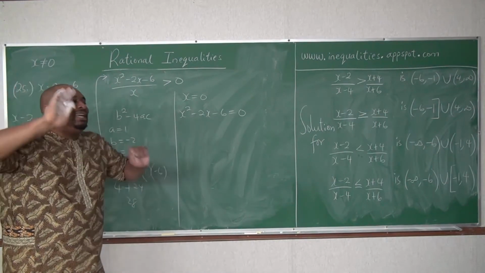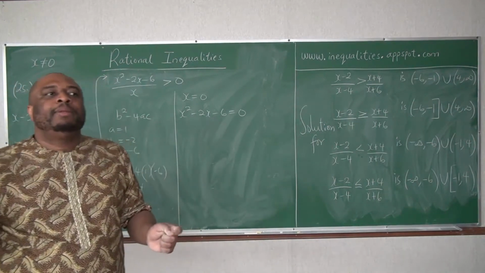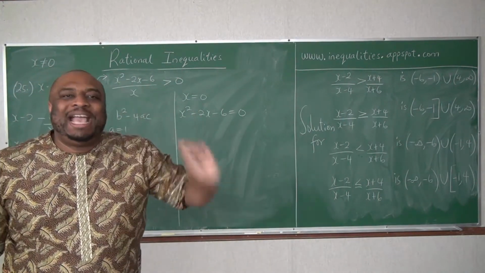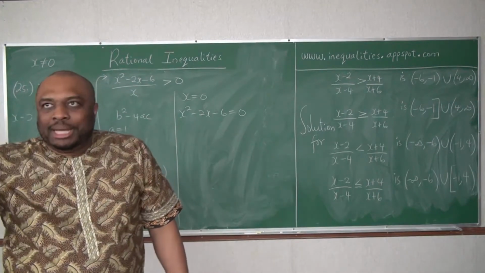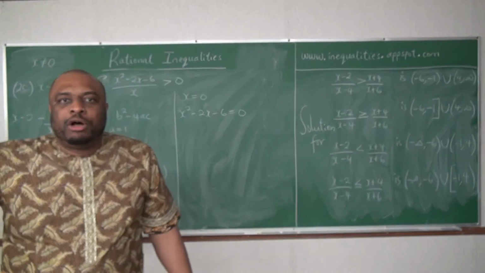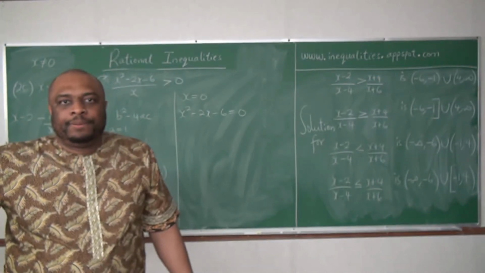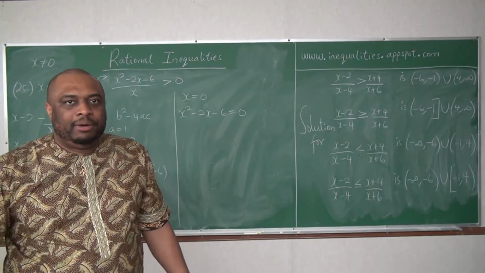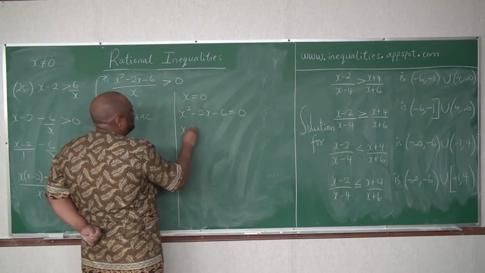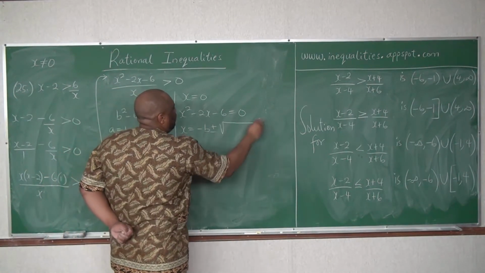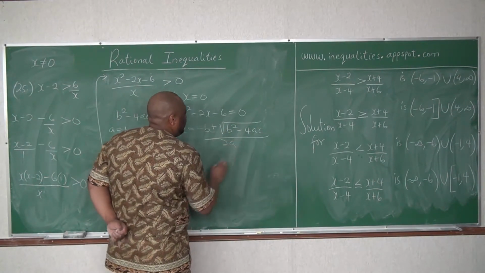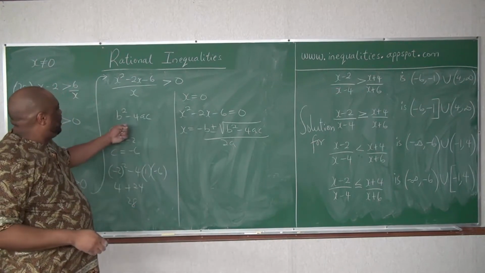If you don't understand what I am saying, please go to www.expressions-equations.appspot.com, and then you can look at what I'm saying now. It's important. So the quadratic formula is: x is minus b plus or minus square root of b squared minus 4ac all over 2a. We already found the discriminant here.